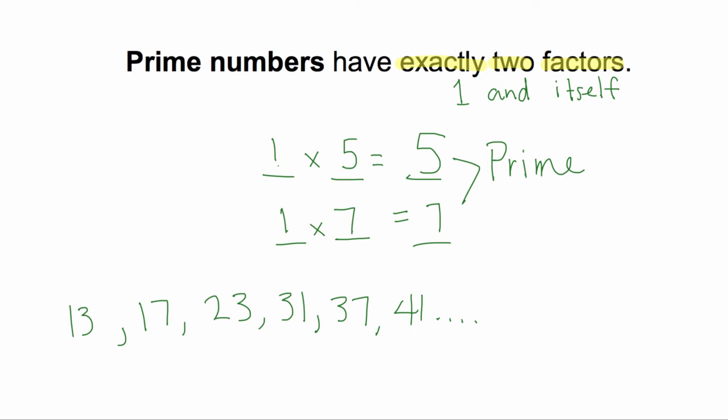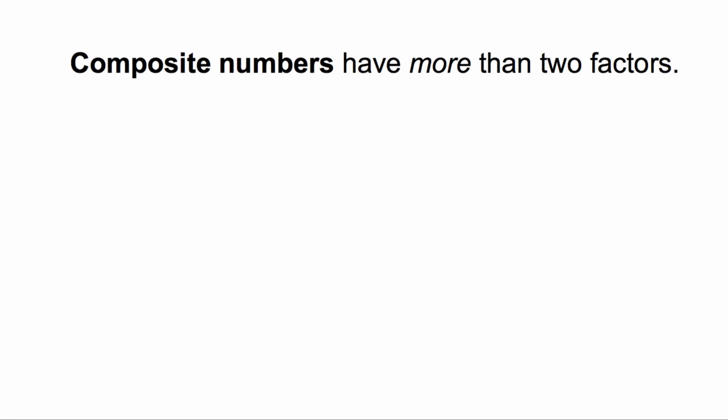Now that we know what prime numbers are, that they have exactly 2 factors, let's look at what composite numbers may be. Composite numbers have more than 2 factors. So let's look at 4, for example. When we think about what we could multiply to get 4, the first thing that comes to my mind is 2 times 2.